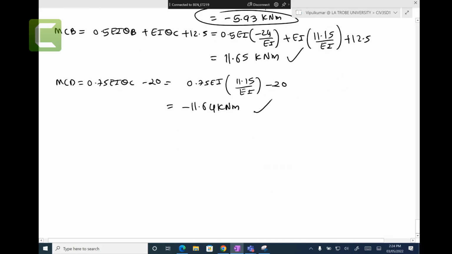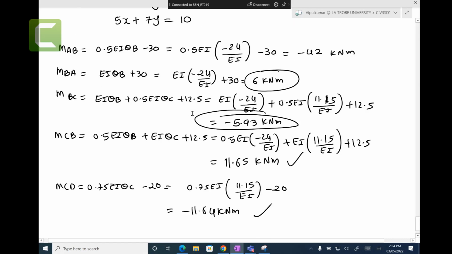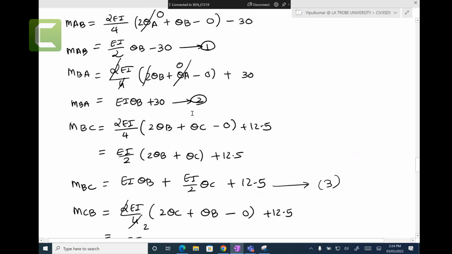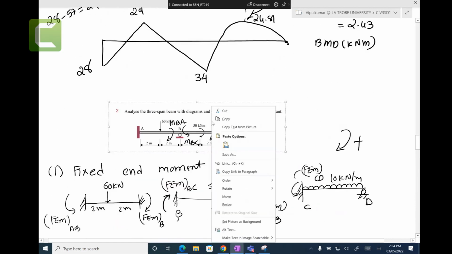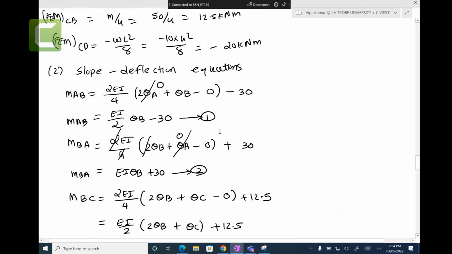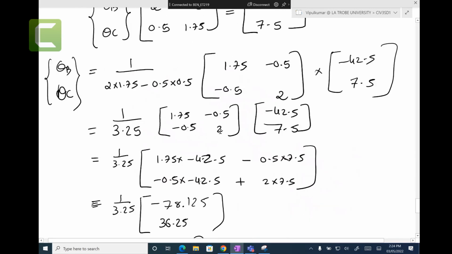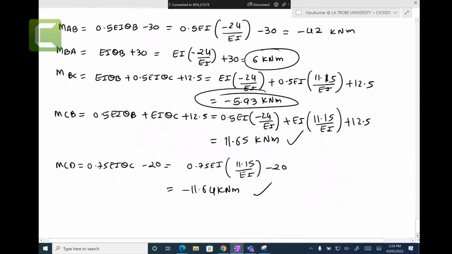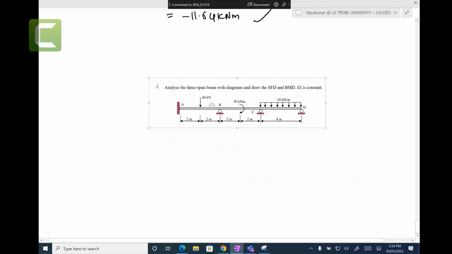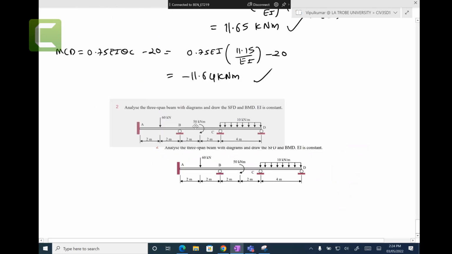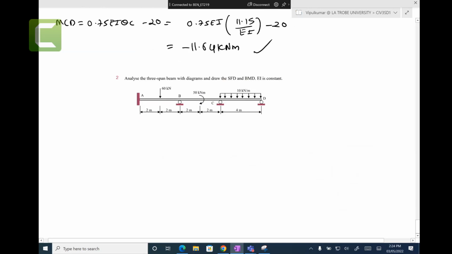Let me draw this beam again, the whole beam. All right.